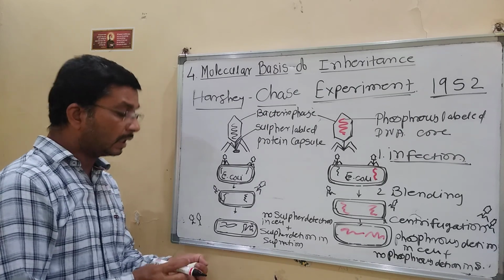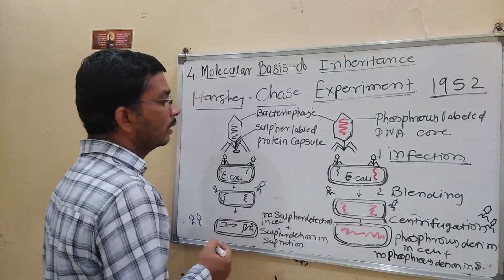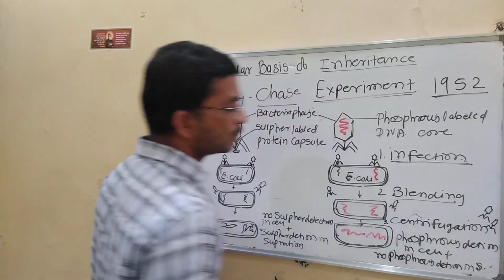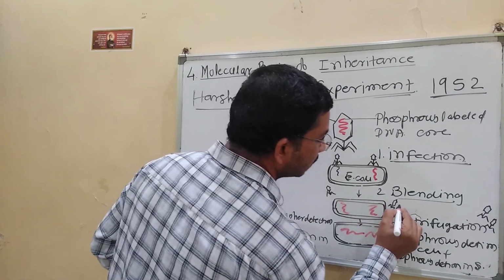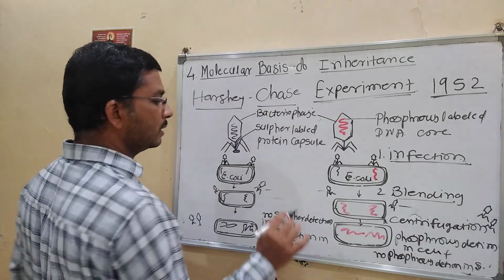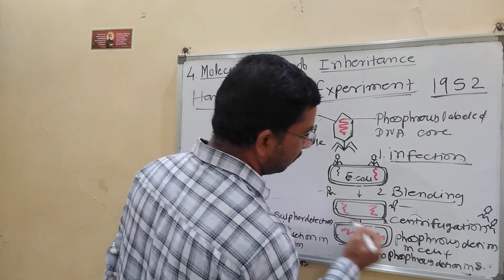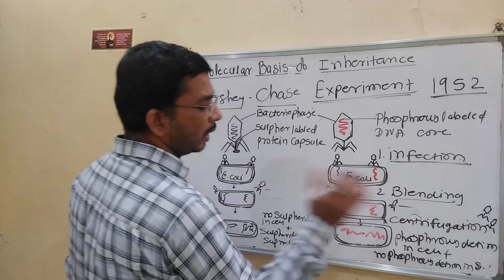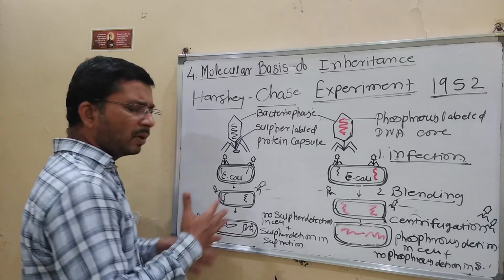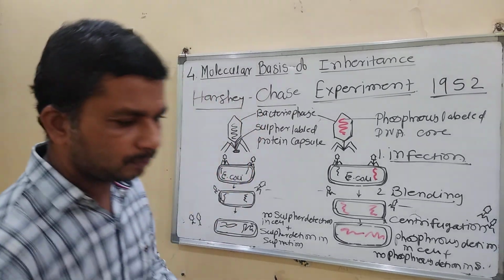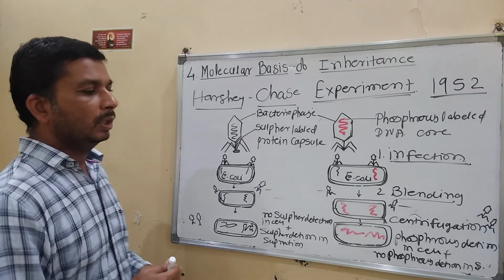After the infection, there is a removal of the outer coat of the bacteriophage by the blending process, and we found simply infected E. coli bacteria. Then a number of replicas are formed there.